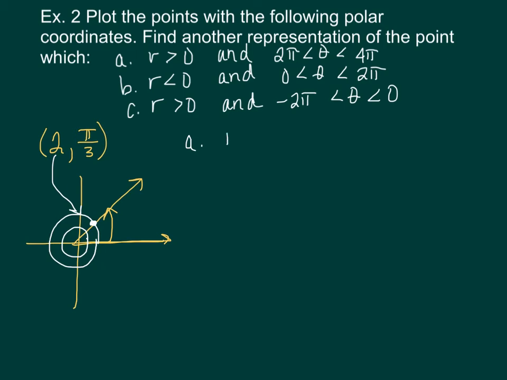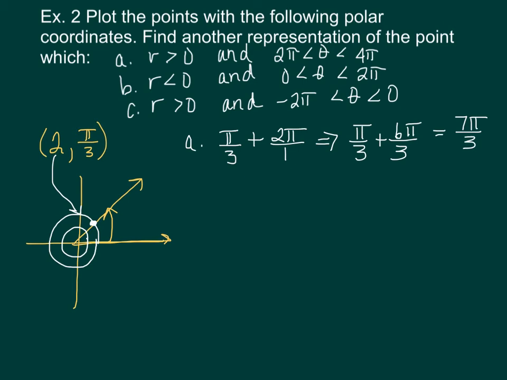So we're going to start at pi over 3, and we're going to pretend like we went all the way around the circle. So I'm going to get a common denominator. And that gives me 7 pi over 3. So my new point would be 2 and 7 pi over 3. So my r won't change for that one.